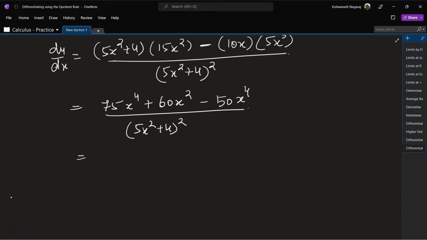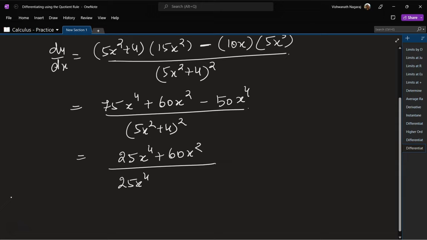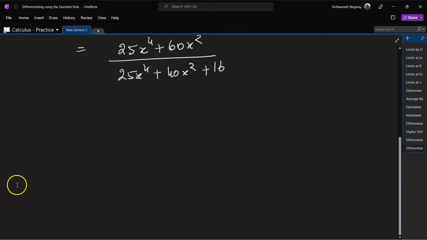Okay, so here 75 minus 50 is 25x to the power of 4 plus 60x square, by this, which becomes 25x to the power of 4 plus 40x square plus 16. So that is the derivative.